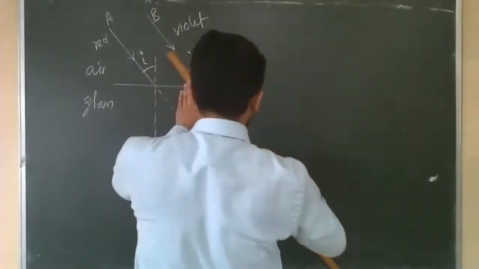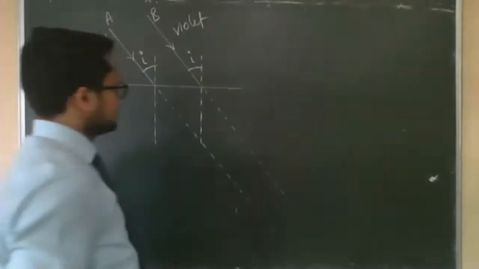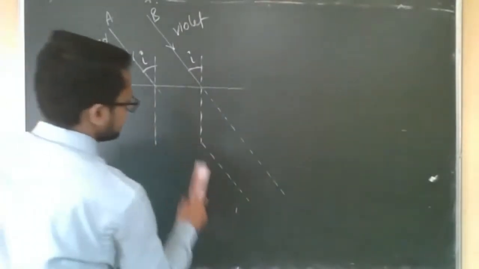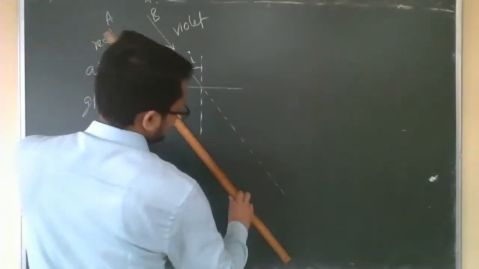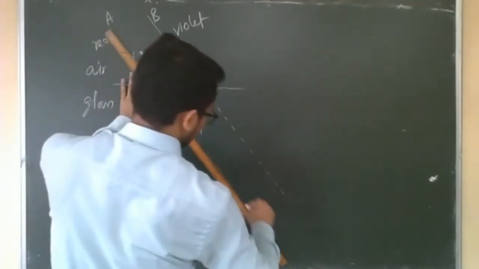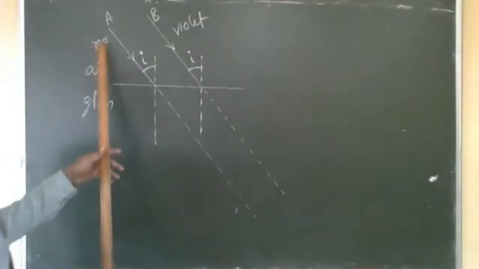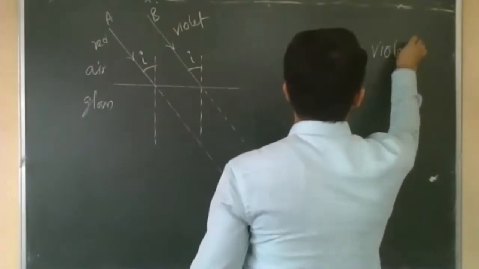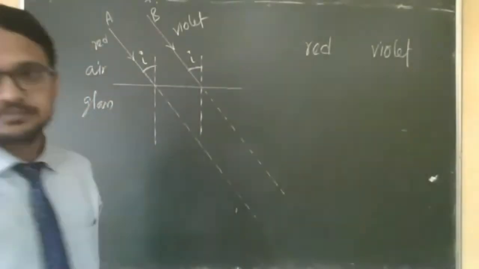When it enters glass, both colors of light will bend towards the normal. Now, red and violet have different wavelengths. Which color will bend more?